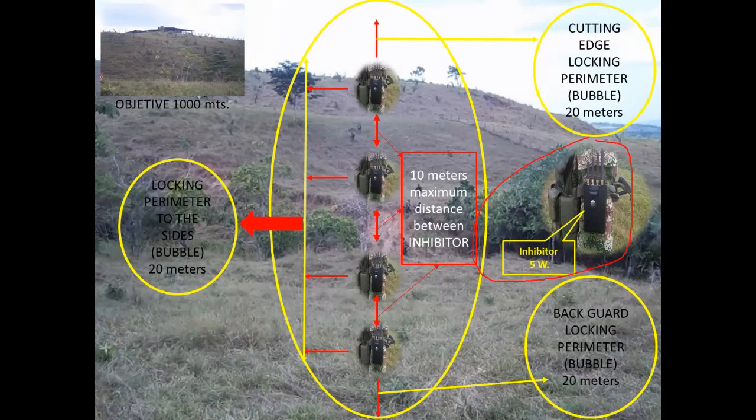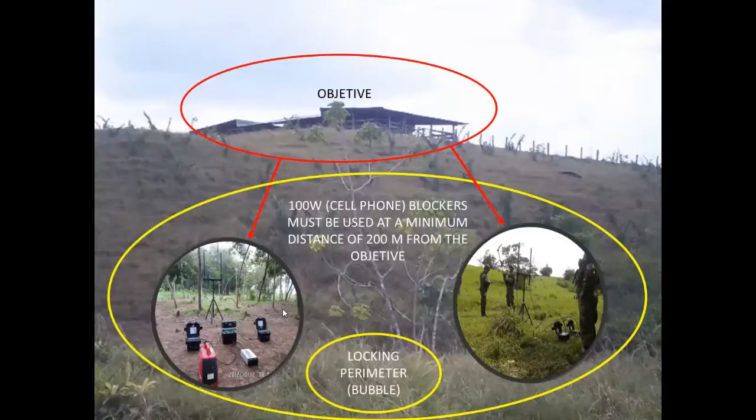So the objective in this case is a house in the high mountain, on the top of the mountain. So the mission in this case was to arrive at this part and try to block signals by frequencies or radio frequencies transmitted by the cell phones.